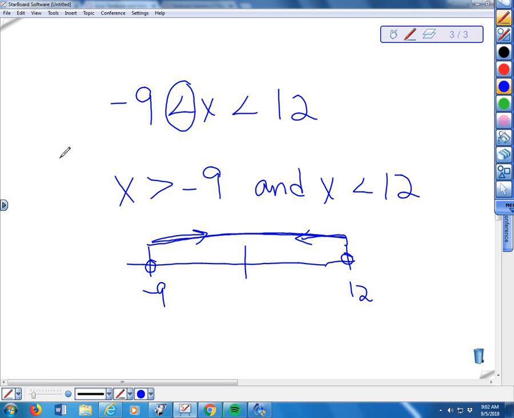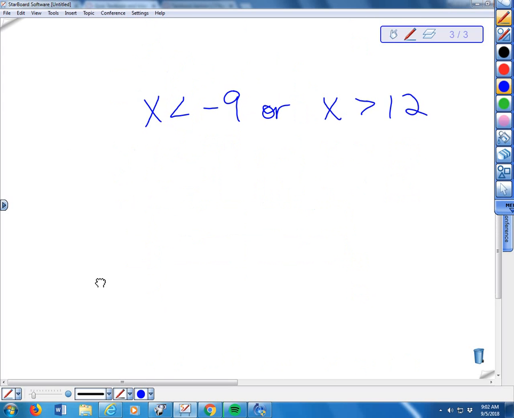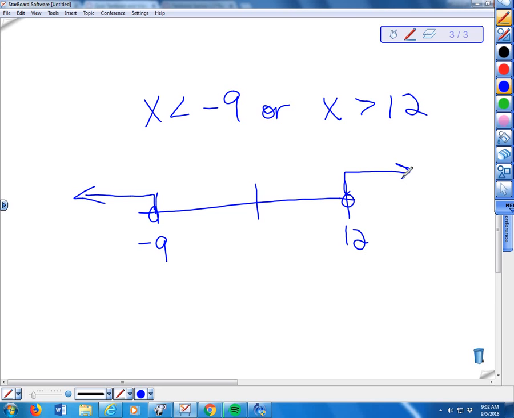X is greater than negative 9 and x is less than 12. Here, x is less than negative 9, or x is greater than 12. So in your OR statements, the arrows are typically going opposite directions.